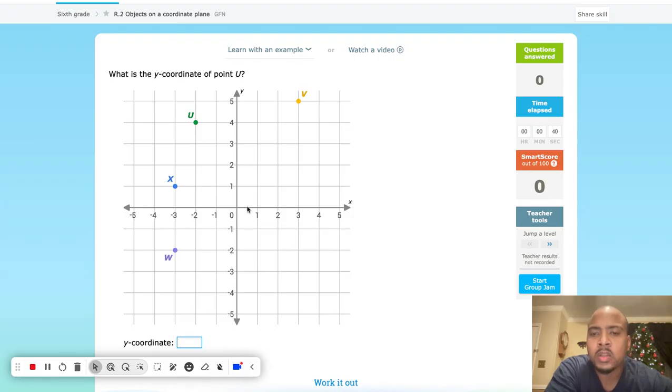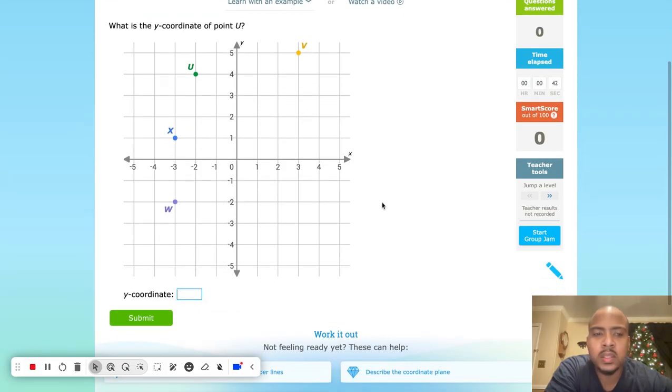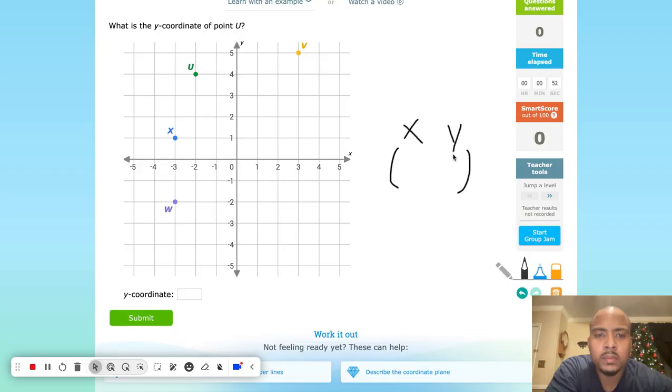Whenever you get to these points, we know coordinates always have an x coordinate and a y coordinate. The x coordinate runs horizontally, so it tells you left and right.